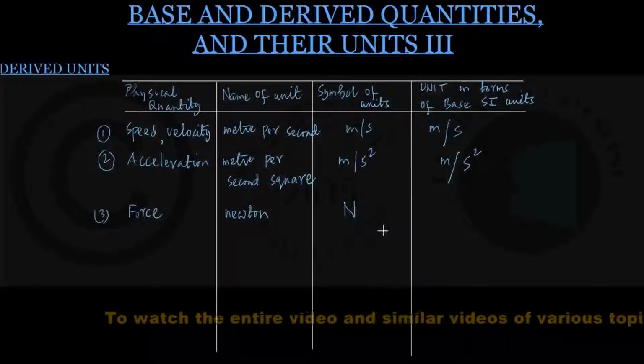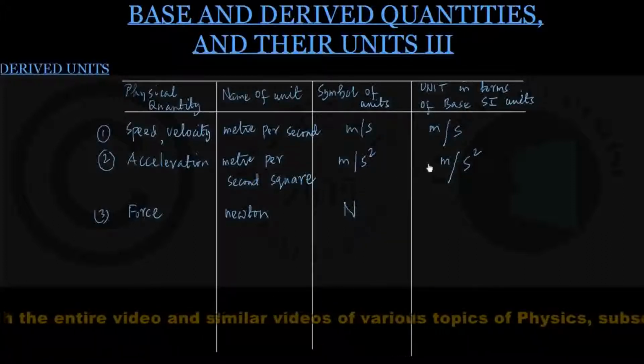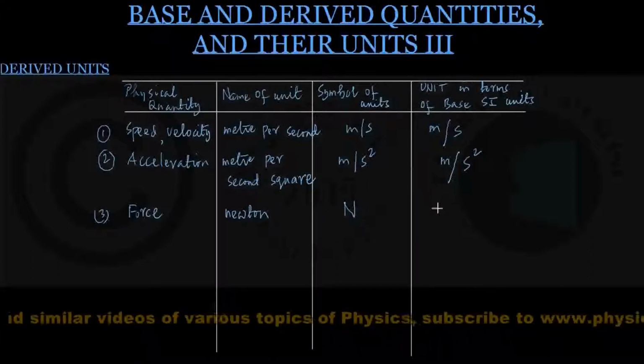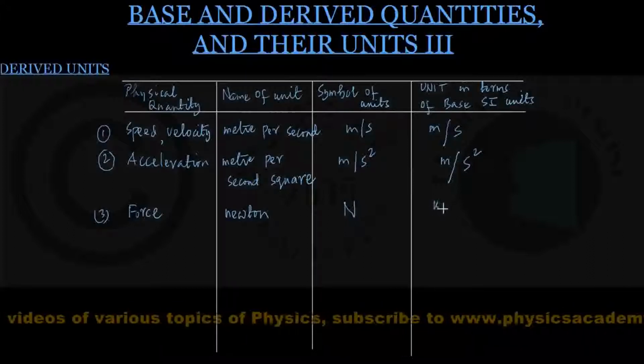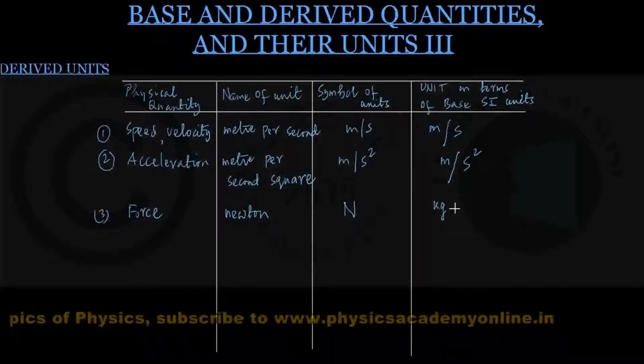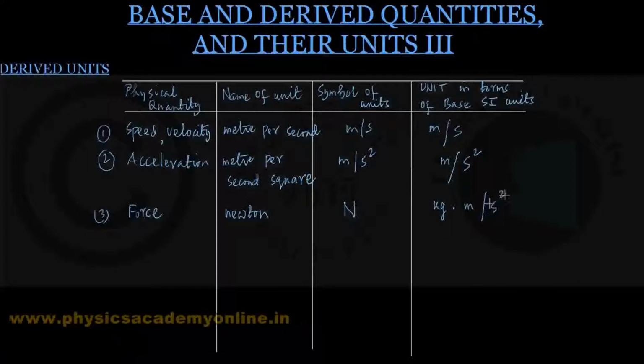And here you have got a chance to see the construction of Newton in terms of the base units. Let me show you here. This can be shown to be product of these units. Let me see it. kg, then I give a dot, then meter, then I write stroke second square.